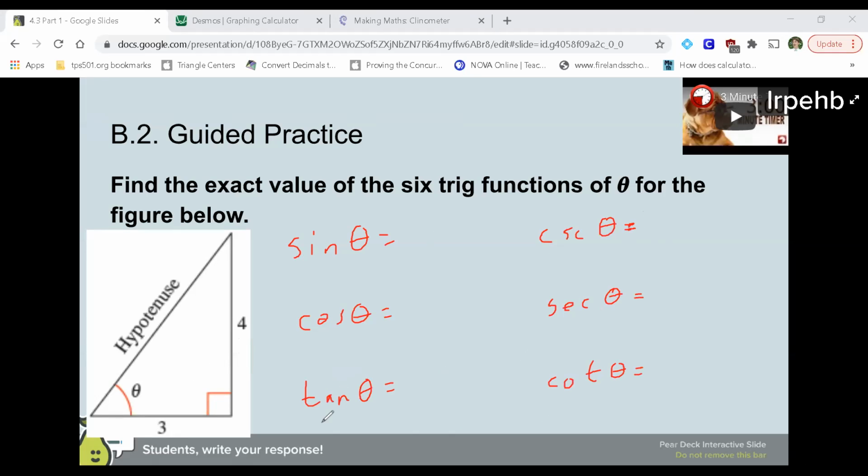I'll go ahead and do tangent. The tangent of your angle is the opposite side, which in this case would be 4, over the adjacent leg, which is 3. So the tangent would be 4 over 3. Tell me what the fractions are for the other 5 trig functions. I'll give you 3 minutes.